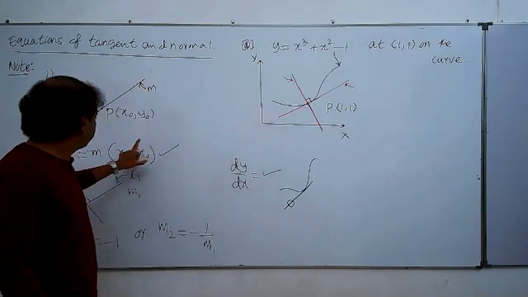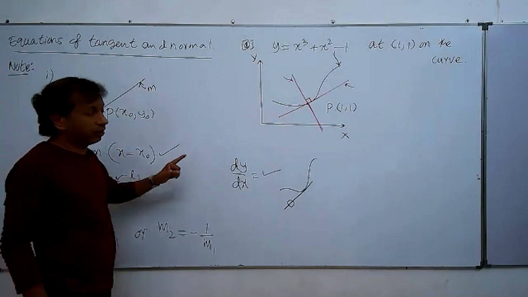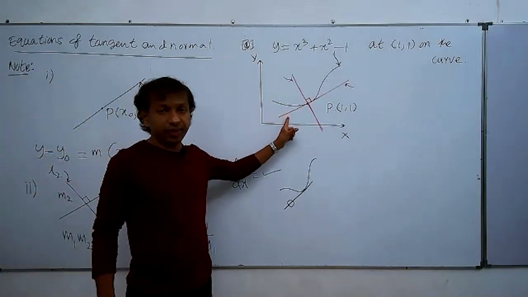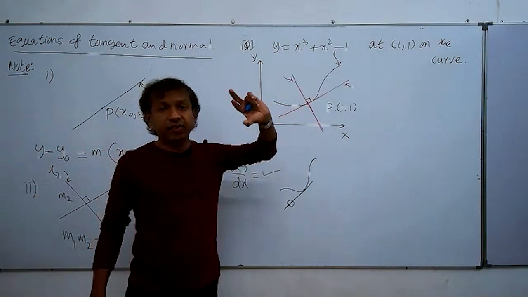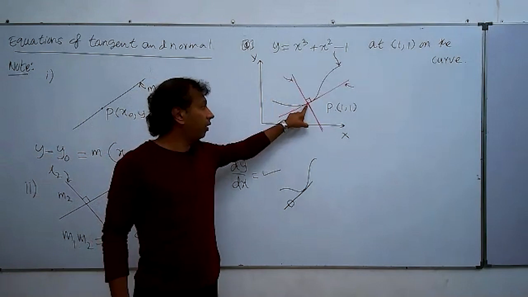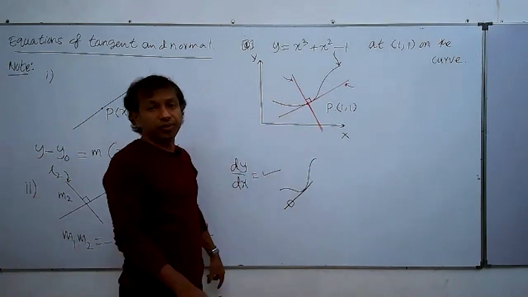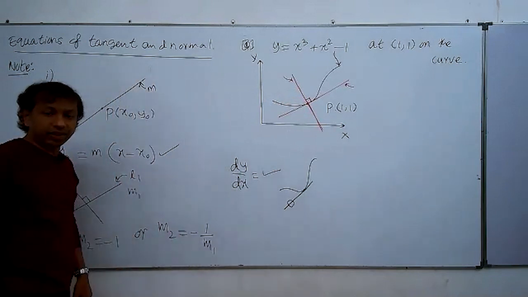Then m is known. Put in x naught 1 and y naught 1. Using this equation, we can find the equation of the tangent. Then taking the reciprocal of that gradient, you can find the gradient of the normal. Again, the point is on the normal, so using this again, you can find the equation of the normal. Right, that's the method, people.